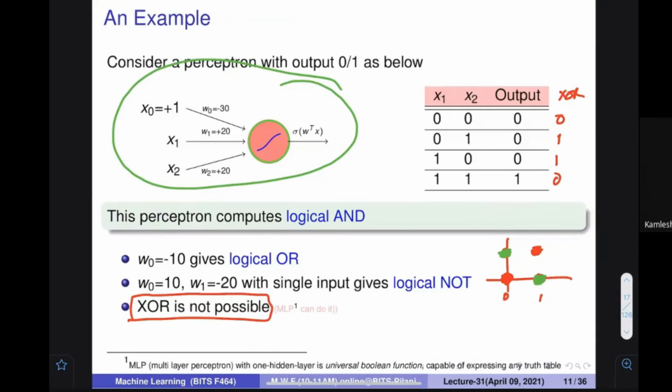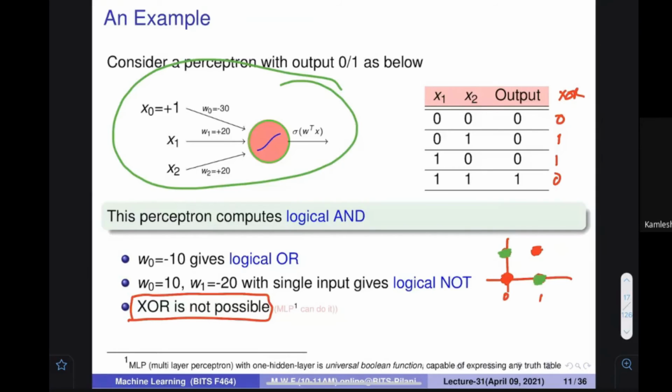But the very important thing is that using one perceptron you cannot make the XOR, but if you use multiple layers of the perceptron, then you can make it. If you use one hidden layer, it is called the universal Boolean function. So these things will come later also. Then it can solve those things.